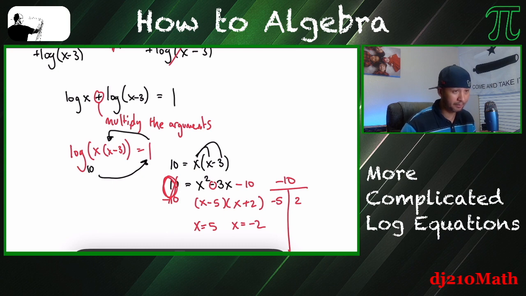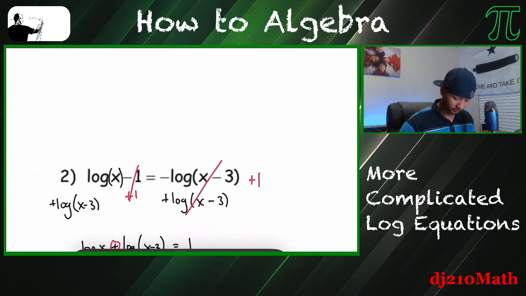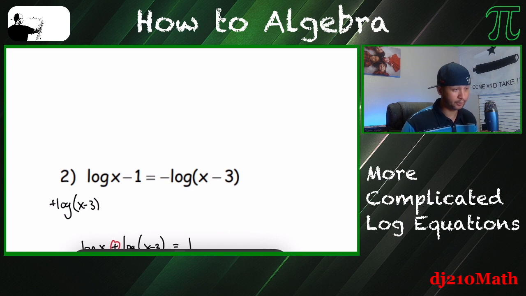So we have to test back in the original, 5 and negative 2. So if I plug in 5, log of 5, that's positive. Log of 5 minus 3, 2, which is also positive. So 5 is straight.